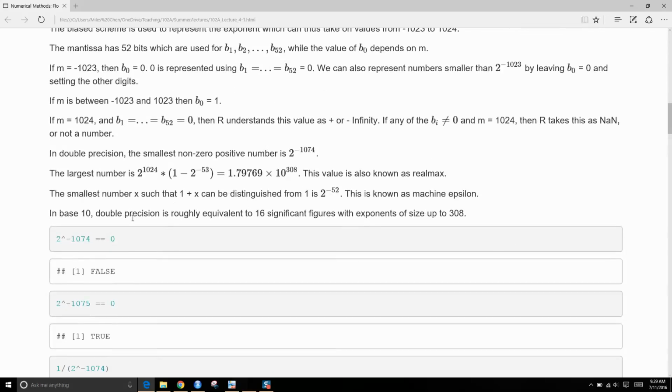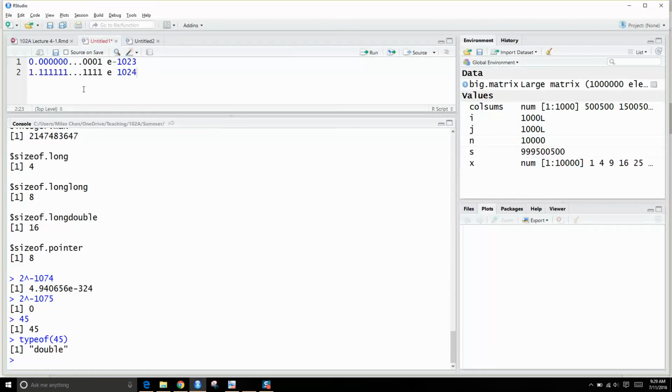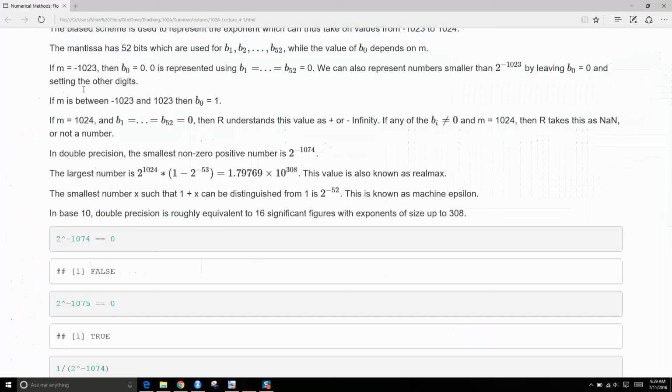Okay, and like I said, if you put in a 1000, the smallest difference that you can distinguish between this number and this number is known as our machine epsilon, okay, and that is 2 to the negative 52, right? Because we've got 52 bits for the mantissa.